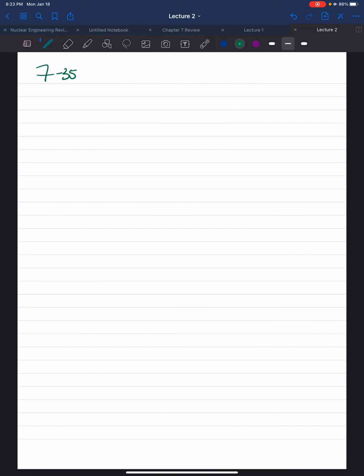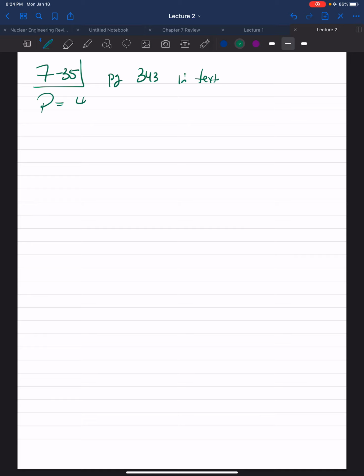Let's take a look at another problem. Look at 7-35. This is page 343 in the text. Here, the problem states, determine the average normal stress in each of the 20 millimeter diameter bars of this truss.